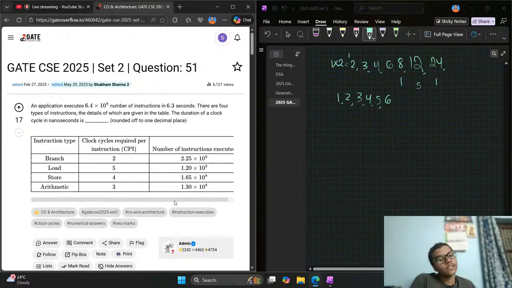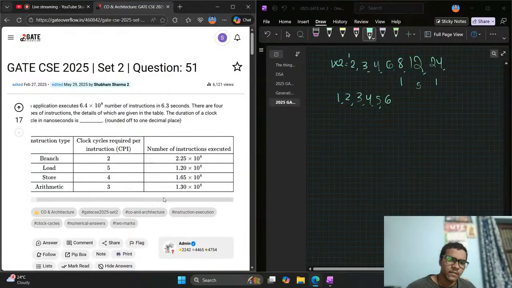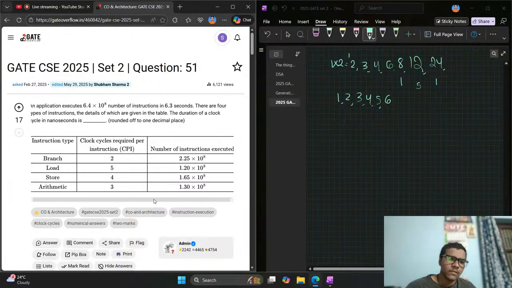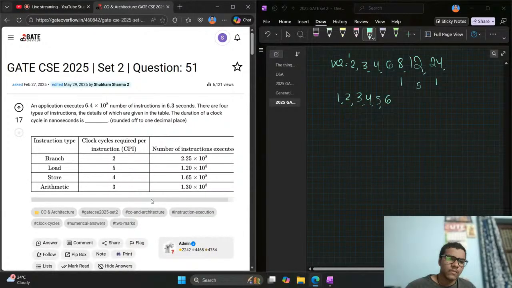From the previous knowledge, what I have understood is a clock cycle is required per instruction. It needs a maximum number of time, right? Number of instructions executed. There are 4 types.